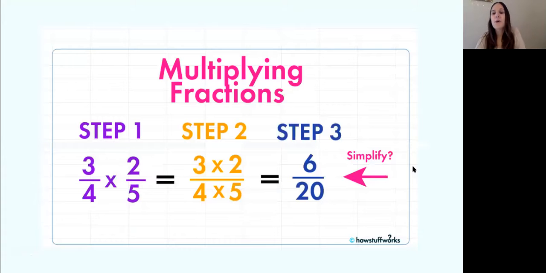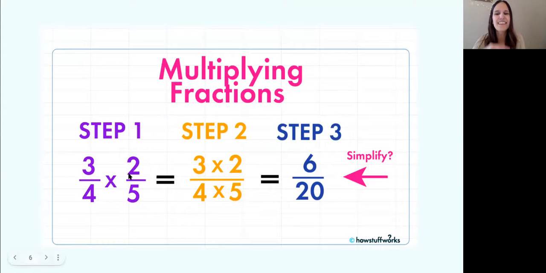All right, now multiplying fractions is something else that we're going to need to use a little bit later on today. And this is something that we have studied recently, so it's probably still pretty fresh in our minds. But just to make sure, when we multiply fractions, we multiply the numerators by one another. So the numerator in our first fraction is 3, numerator being the number on the top of the fraction.